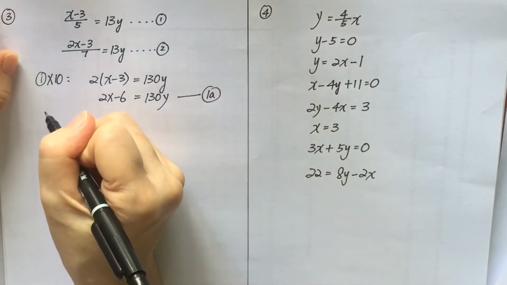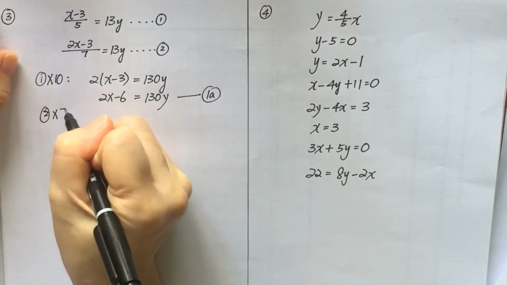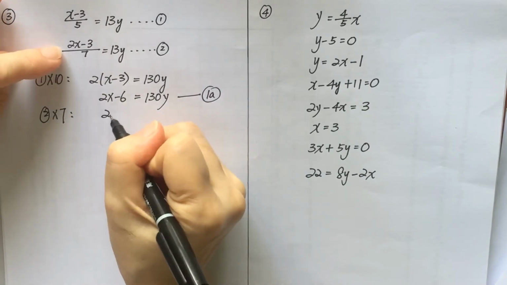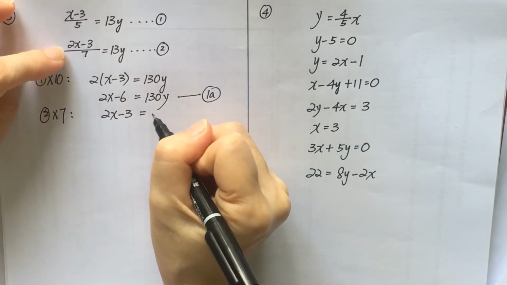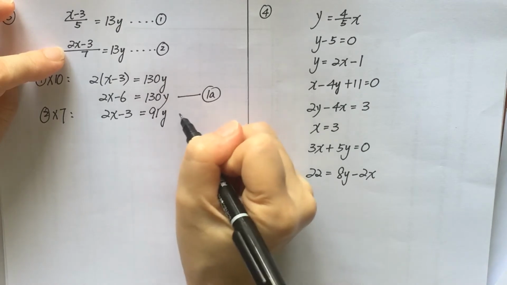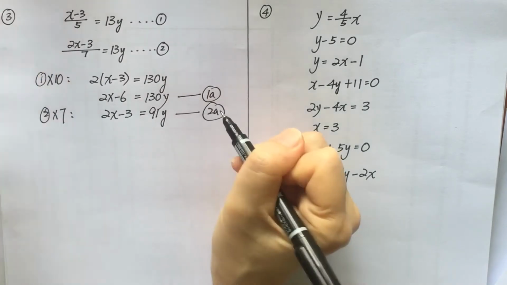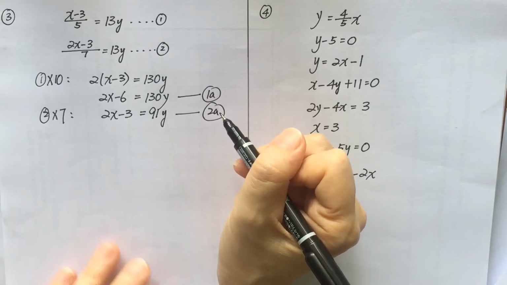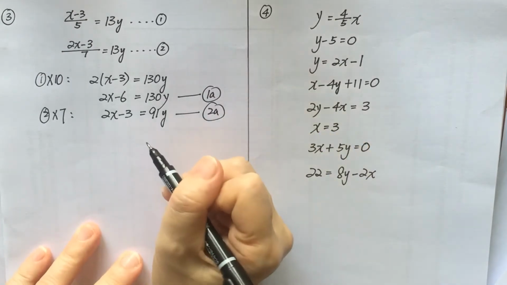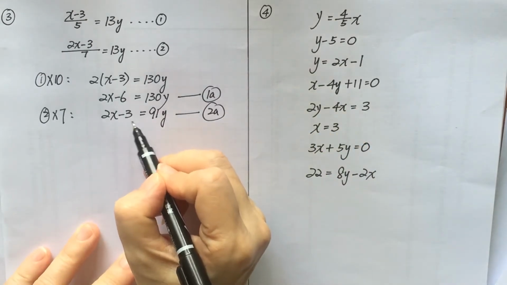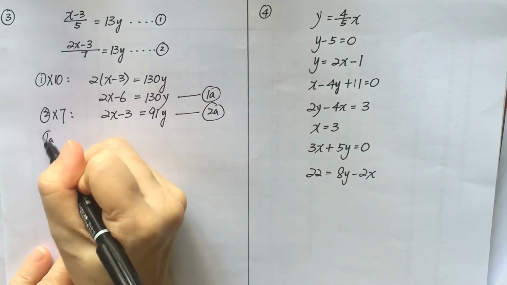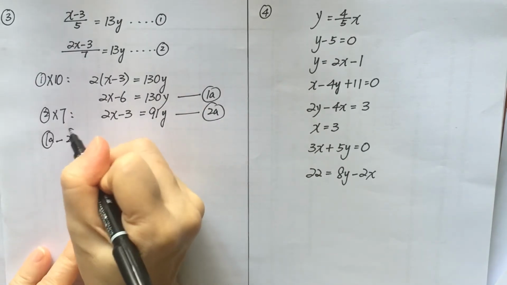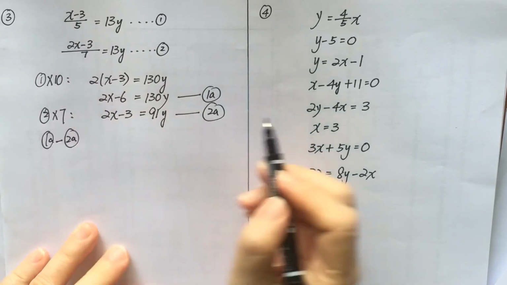So for equation 2, I times 7. When I times 7, I have 2x minus 3 equals to 91y. So this is my equation 2a. So these two equations, I want to find out what is y. So I'm going to subtract equation 2a from equation 1a.